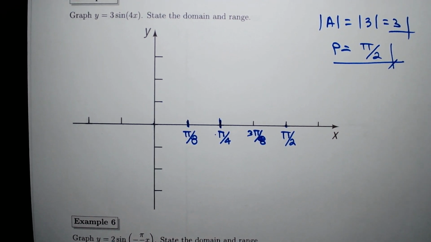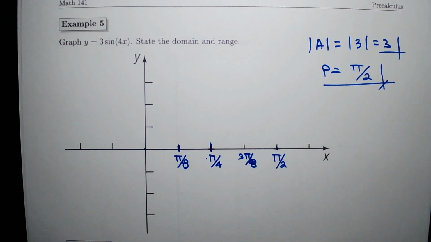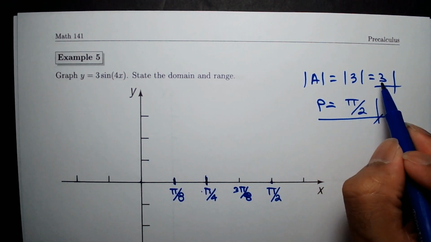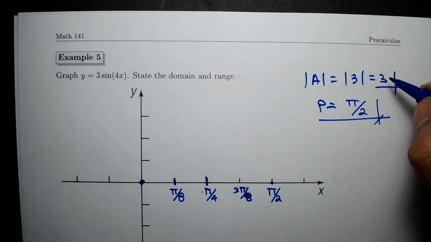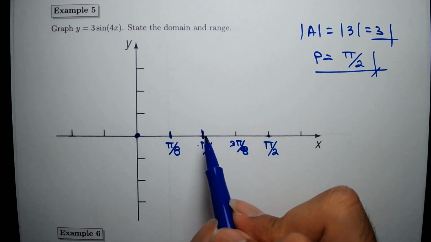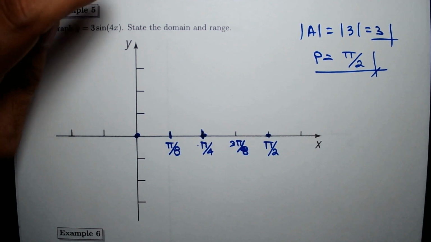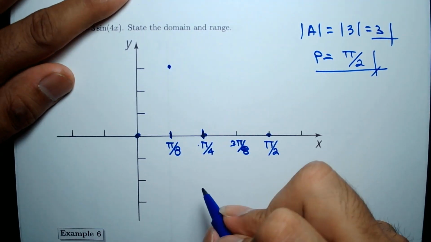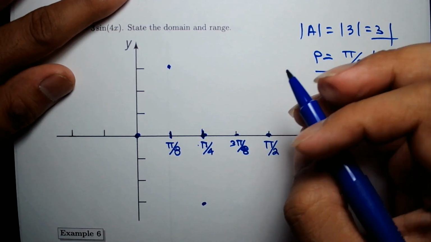In this case, it's going to inherit the same shape as in the original sine. However, because of the amplitude being 3, all the y values are going to be multiplied by 3. Except the x-intercepts, because at the x-intercepts the y value is 0 and that doesn't get affected. So in this case, 3 units, negative 3 units, 0.